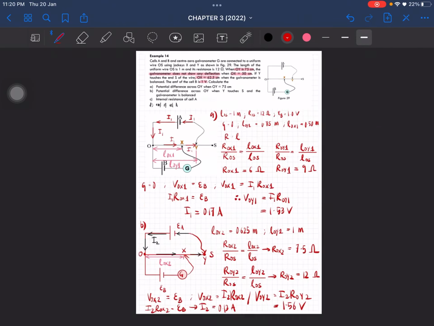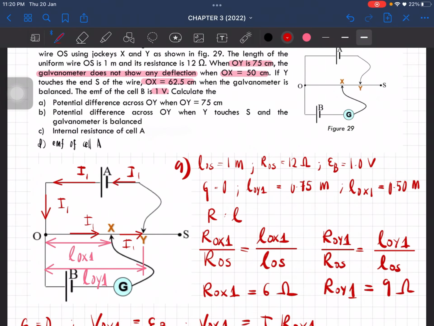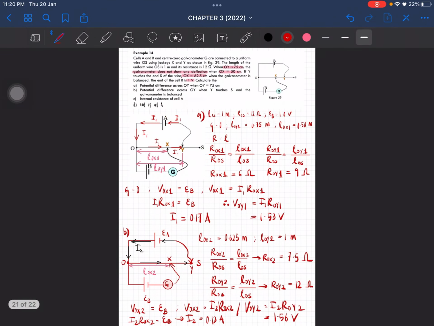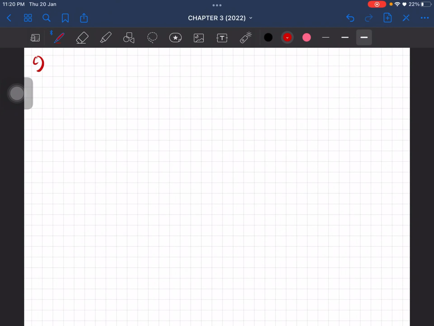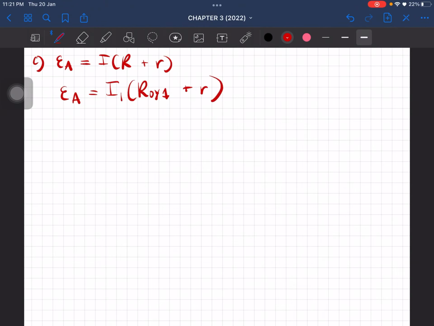Alright. Okay, so question C pula. Internal resistance of cell A. So that one is just using EMF A equal to I R plus r. Okay. So this one we do not have the value of epsilon A. So we are going to do it using the one we've calculated.